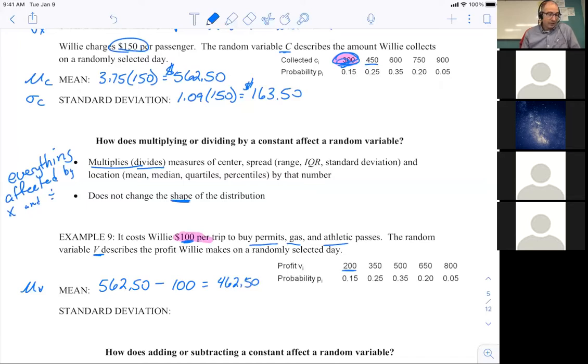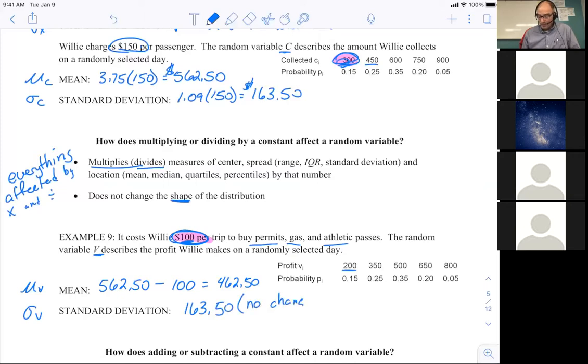And here's the kicker, the one we have to pay attention to, the standard deviation of V. Now we have to remember all we did was subtract 100 from each of those values. So all we did was slide it down the number line. So we have to remember addition and subtraction has no impact on standard deviation. So it is going to remain the same at 163.50.